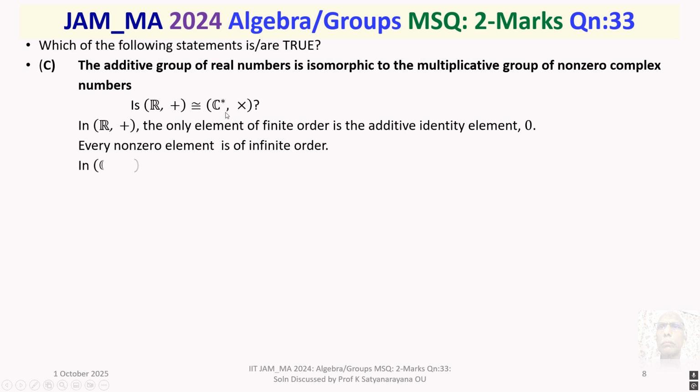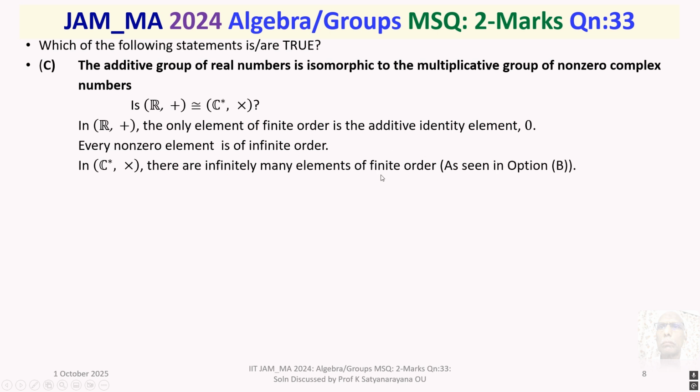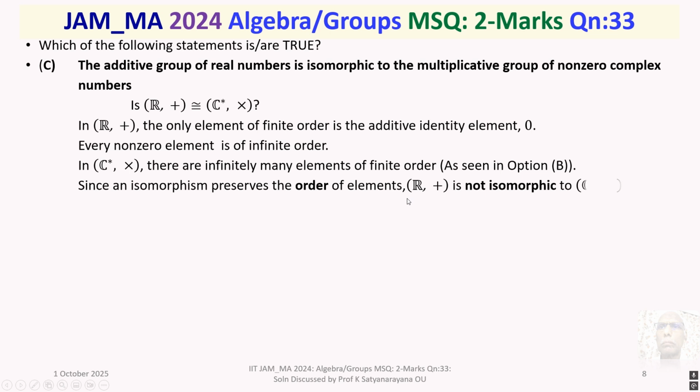In C star under multiplication, there are infinitely many elements of finite order, as seen in option B. So in R plus there is only one element of finite order, while in C star there are infinitely many. Since an isomorphism preserves the order of elements, these 2 groups are not isomorphic. Therefore, option C is not true.